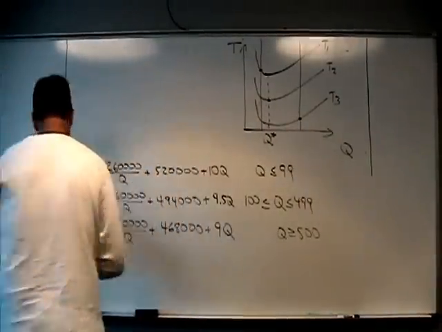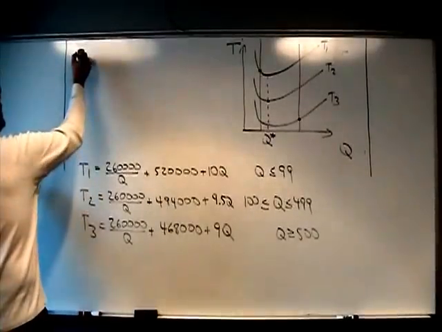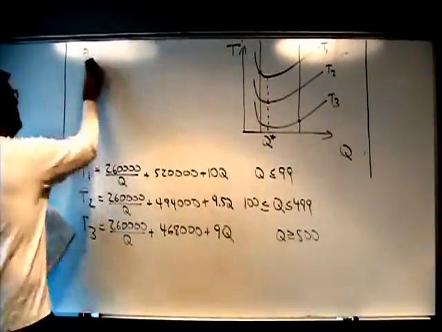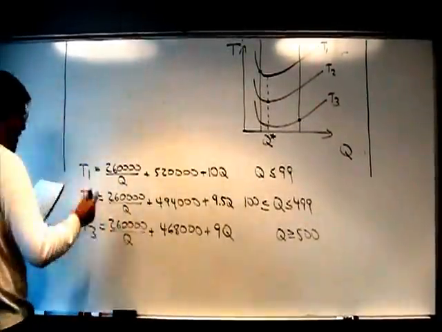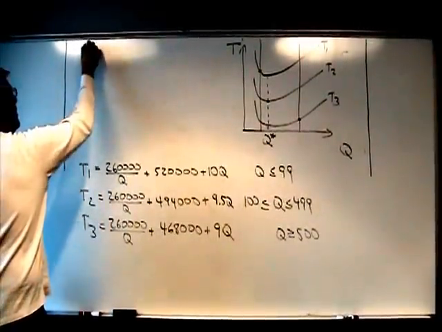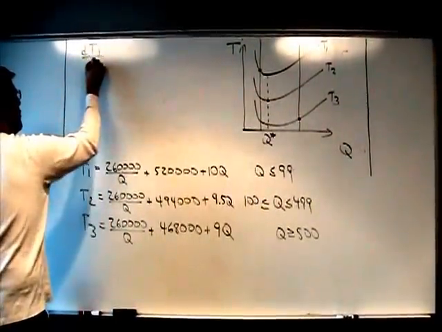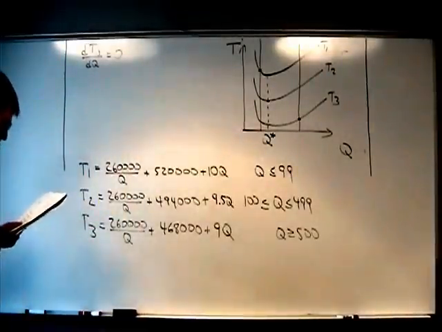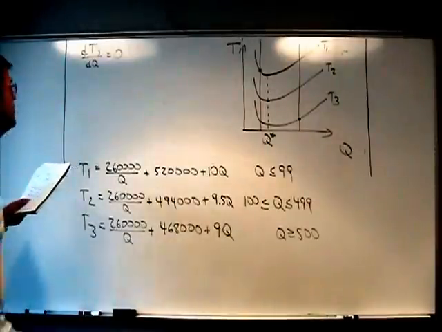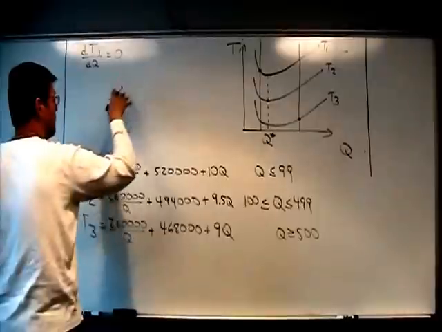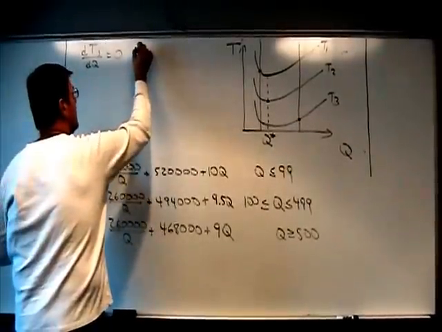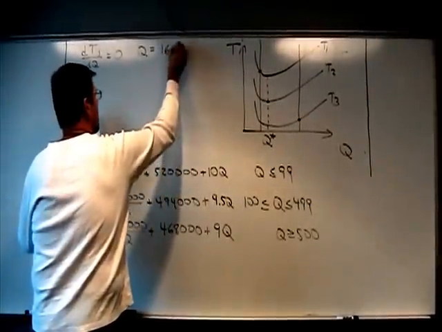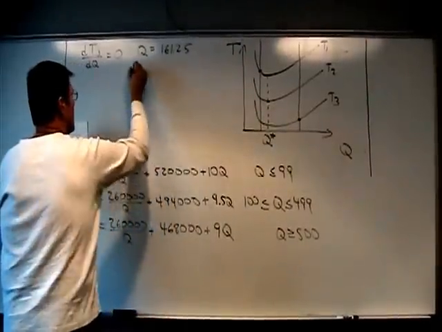So for this purpose, if we do dT_j/dQ equal to 0, what we end up having for the three cases in terms of the global mins would be Q equals 161.25.